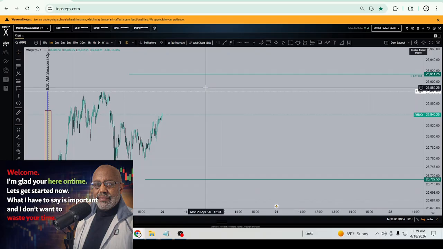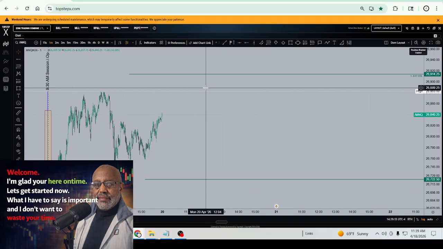That way you can develop your own Fibonacci and how you develop your trading style and build a Fibonacci around the markets that you trade, because every market trades differently.